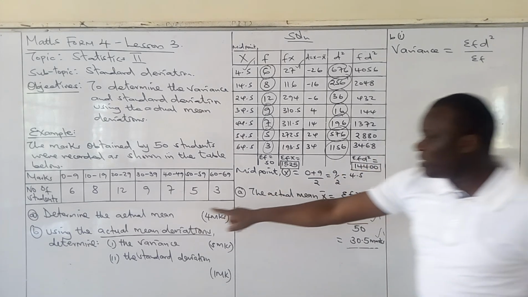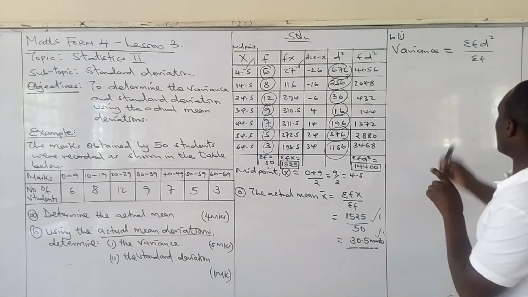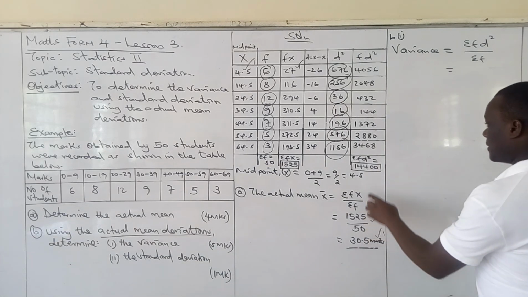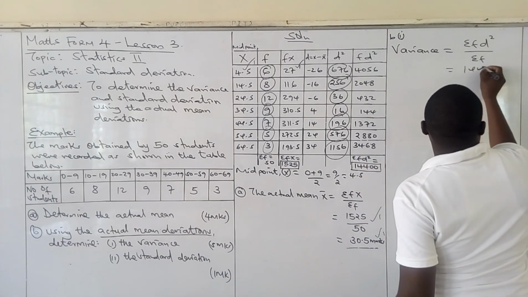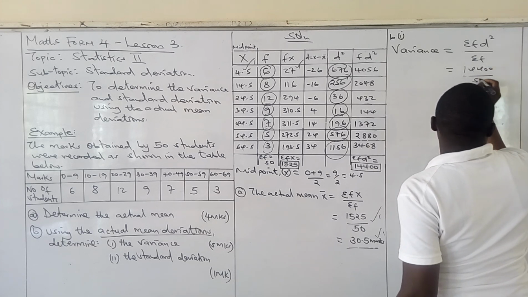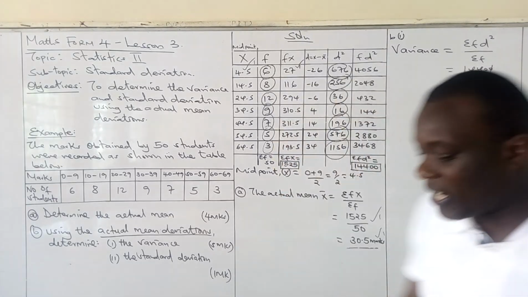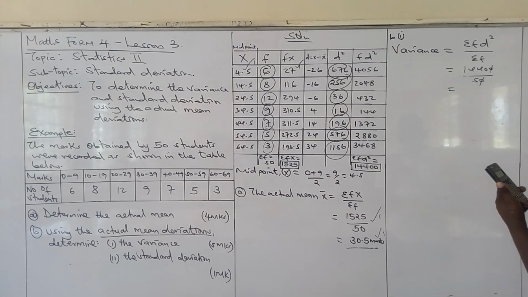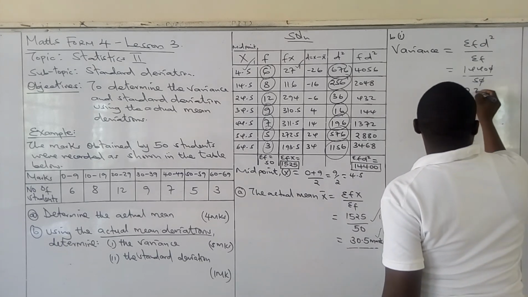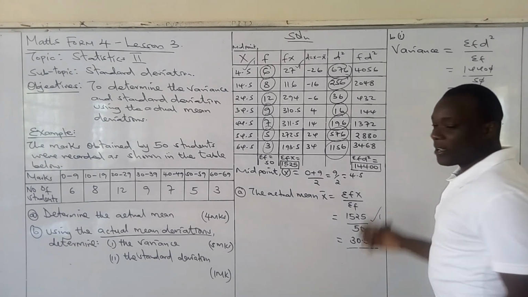But for the actual mean deviation, this is the formula. Now we will say 14,400, then we divide by total frequency, which is 50. 0 and 0 will cancel out. So using my calculator, I will dial 1440 divided by 5, which gives me 288. So that is my variance.